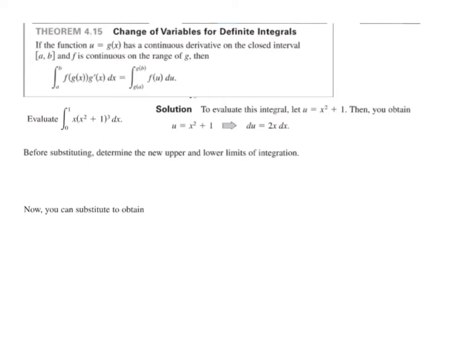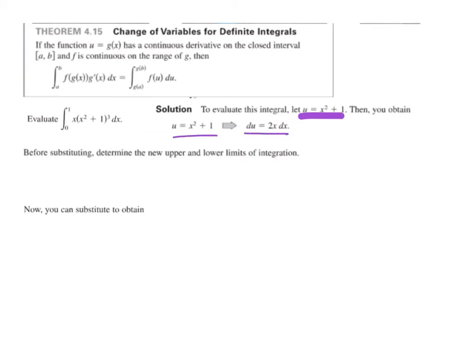We're going to evaluate from 0 to 1 x times the x squared plus 1 to the third power dx. All right, so to evaluate it, we're going to let u be x squared plus 1. Boy, that was really wide. Hold on, I'm going to make that a little smaller. And then you're going to obtain that u is equal to this, and so du is equal to 2x dx.